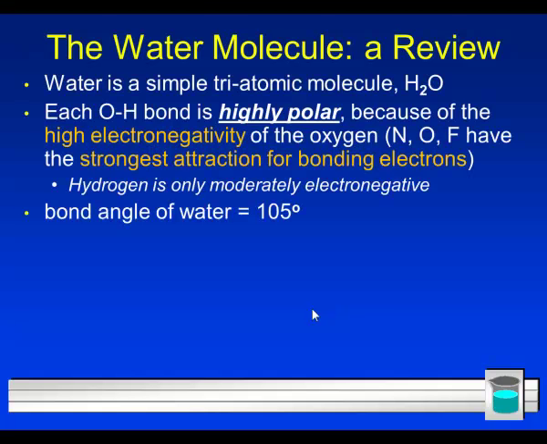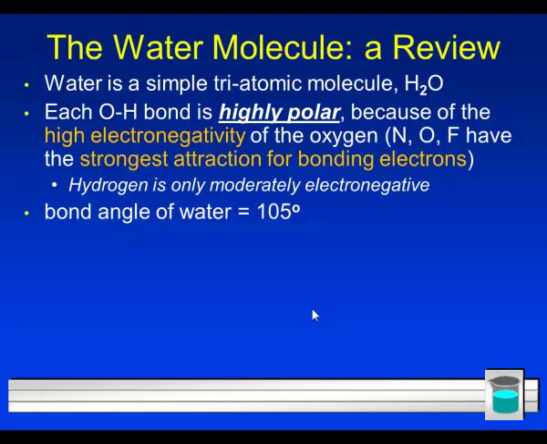So some review about water molecules. Very small and simple molecule, H2O, and we learned about the polarity of the oxygen-hydrogen bonds in a water molecule, because oxygen is very electronegative, a very strong attraction for electrons, and hydrogen not so much.